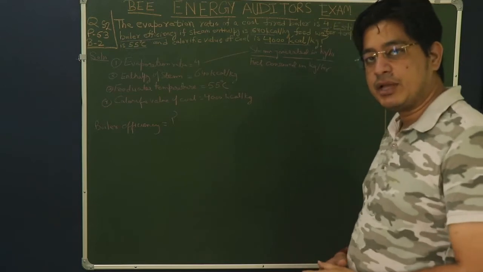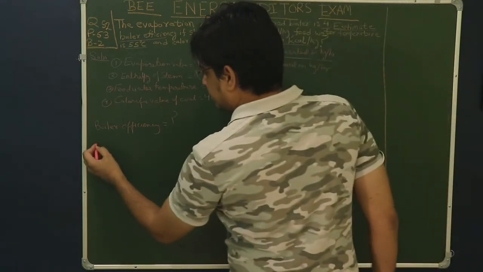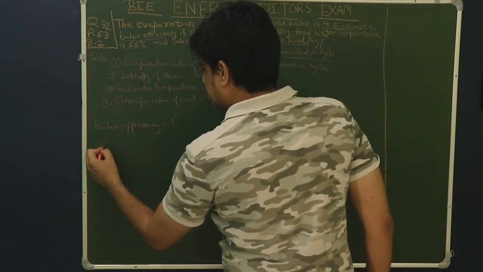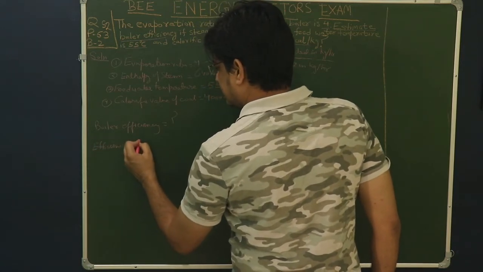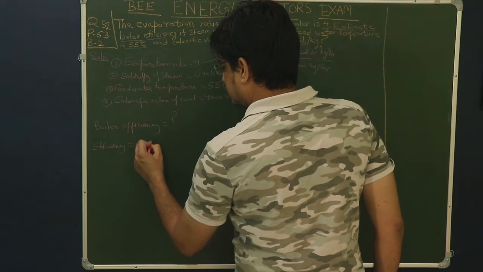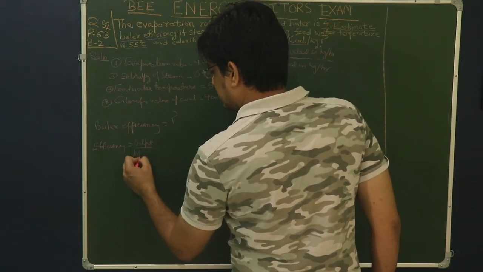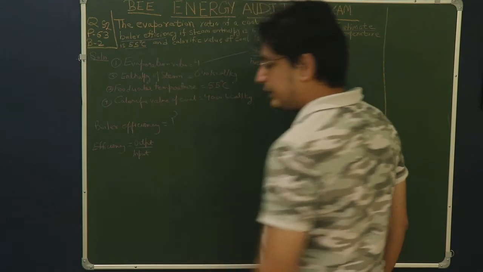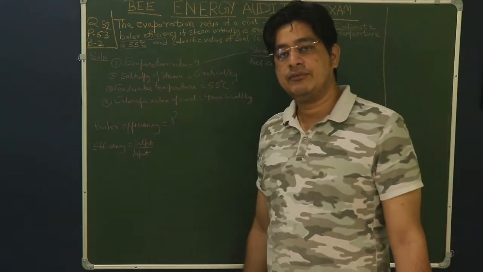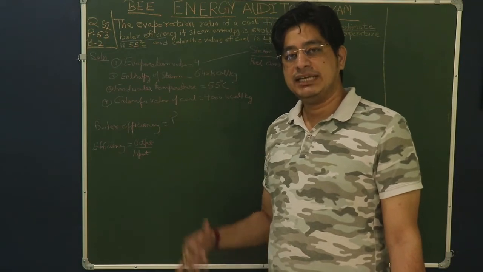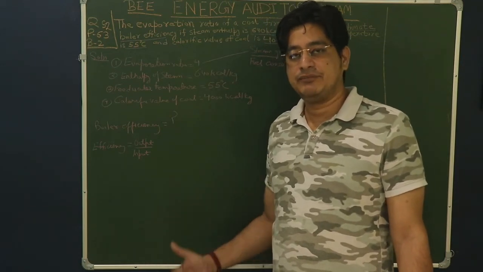Now efficiency, as you all would know, what is efficiency? Efficiency is nothing but the output divided by input. Now in the boiler in particular, we are mainly focusing on how much heat is transferred to the steam by the fuel.